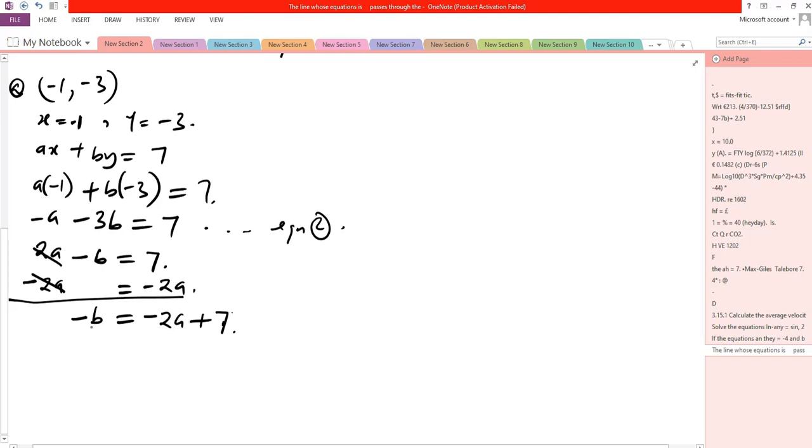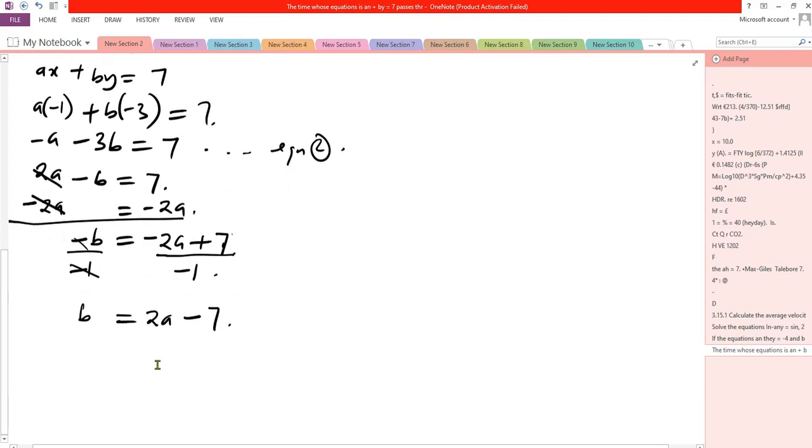So what I will do to take off this minus is to divide all through by minus 1. What I do to the left hand side, I should do to the right hand side. I also divide all through by minus 1. So this 1 will cancel out this 1. So you're left with b. So minus 2a divided by minus 1 will give you 2a, plus 7 divided by minus 1 will give you minus 7.